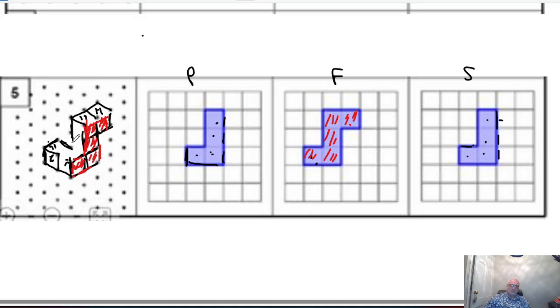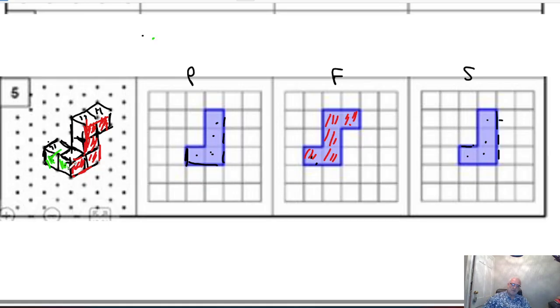So now we can see the front elevation there. That matches that shape there, so I'm happy with that. Let's look at the side elevation. Okay, so let's do this one back in green.